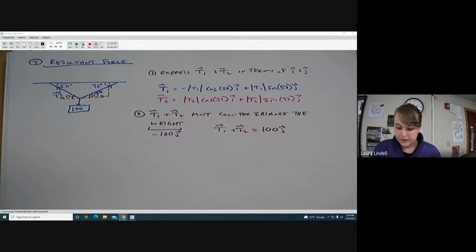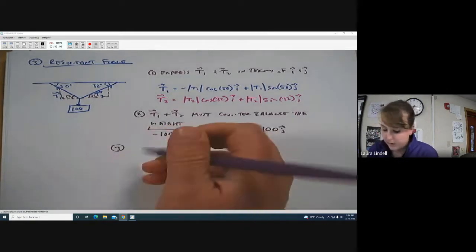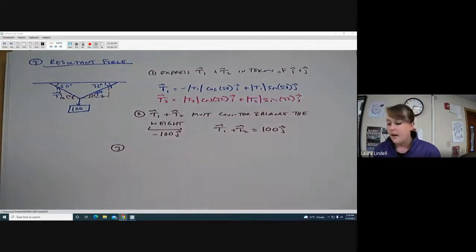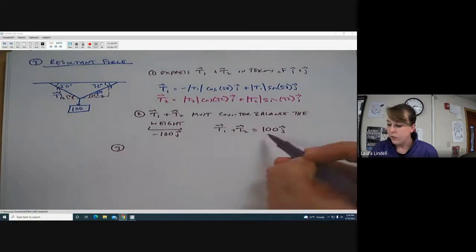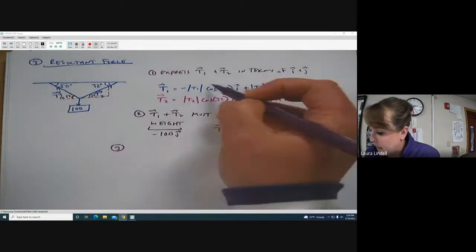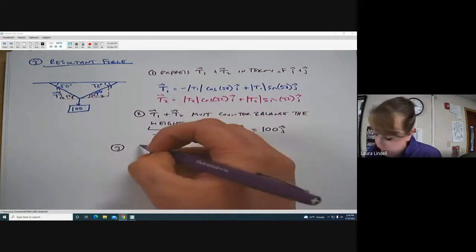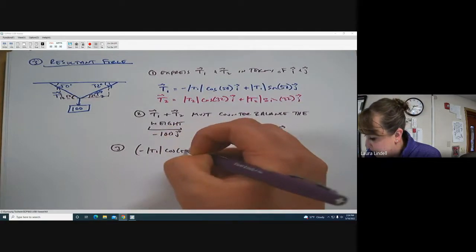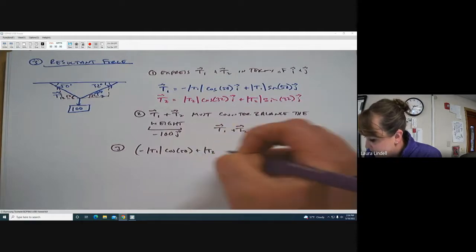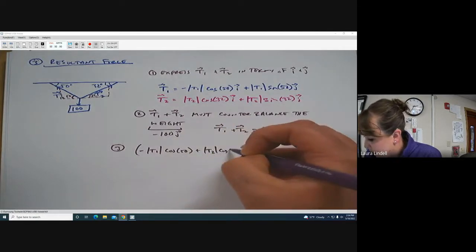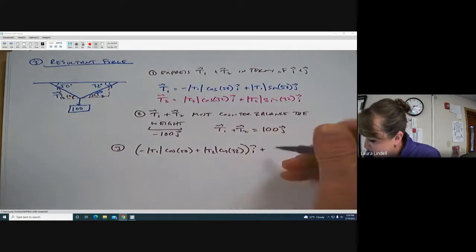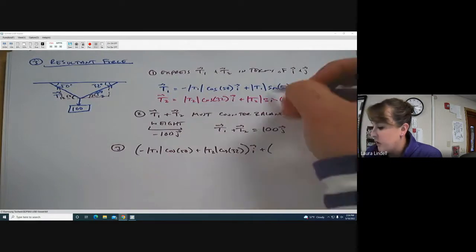So then what we can do, for our third step here, is take what we've expressed as T1 and T2, add them together, and set that equal to 100J. So I'm going to take my I components and combine them. So we have negative T1 cosine of 50 plus T2 cosine of 32 I plus the J components added together.